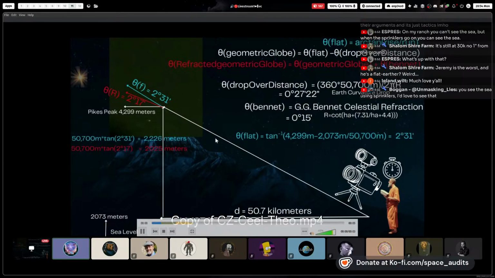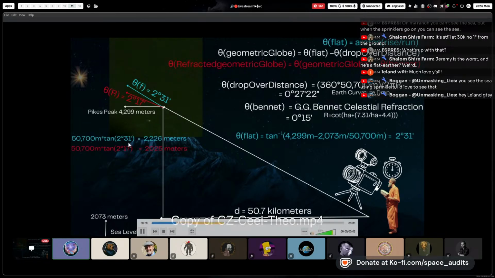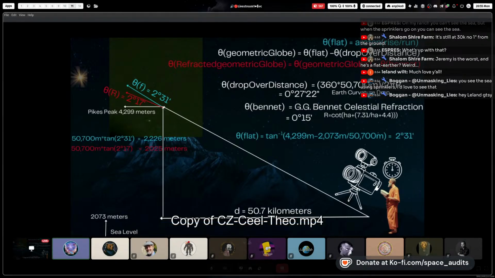Once we get the angle prediction correctly by using Earth curvature drop and celestial refraction correctly, then this new angle based on a new triangle can give us the predicted elevation of occlusion. And this is why it's wrong, because it's 200 meters off. Every time we do this for every different point, it's at least 100 to 200 meters off.